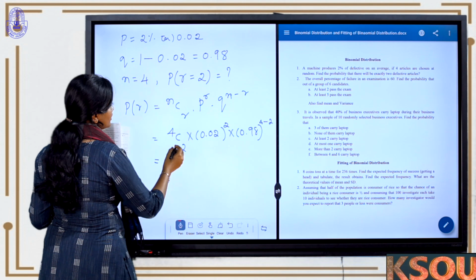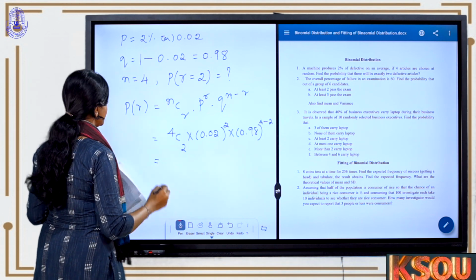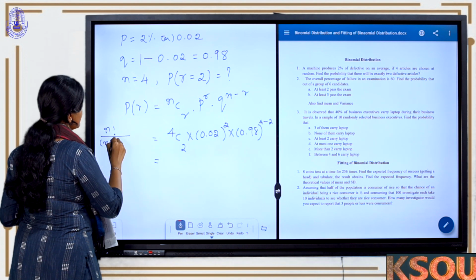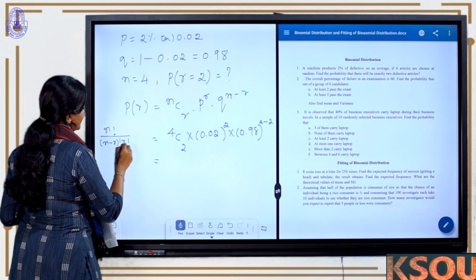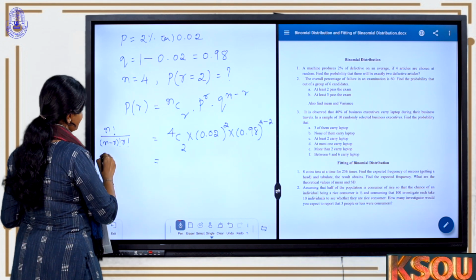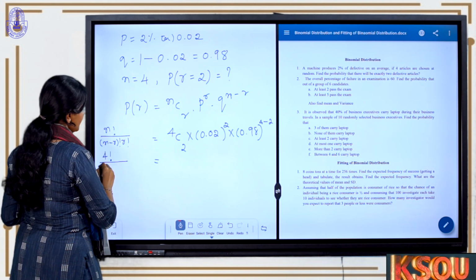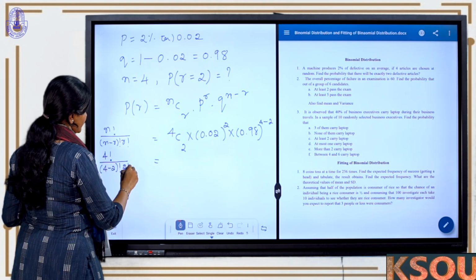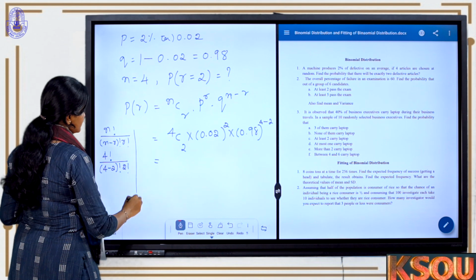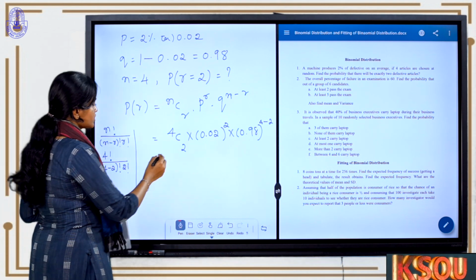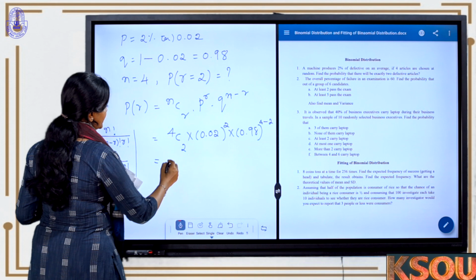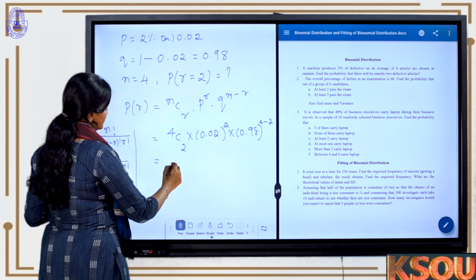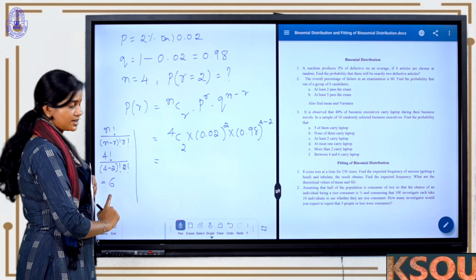So we will have to apply the combination formula for this. What is the combination formula? N factorial by N minus R factorial into R factorial. So you will have to take 4 factorial by 4 minus 2 factorial into 2 factorial. You will have to solve this value separately. So from that I am going to take 4C2, and the value of this is 6.